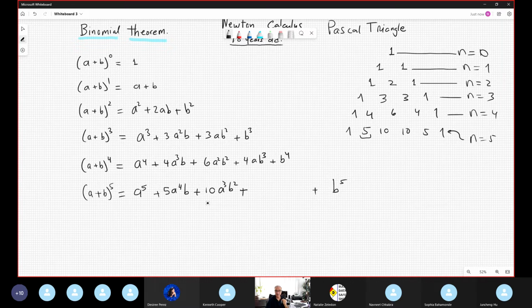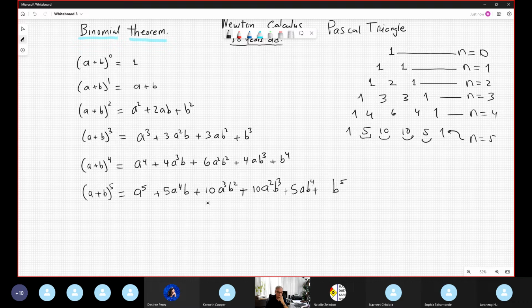So the next one is with that. Now 10 a squared b cubed, plus 5, a to the 1 power, just a, b to the 4. Boom. Do you see or no? We almost discovered the formula for the Newton. We almost discovered the formula for Newton.